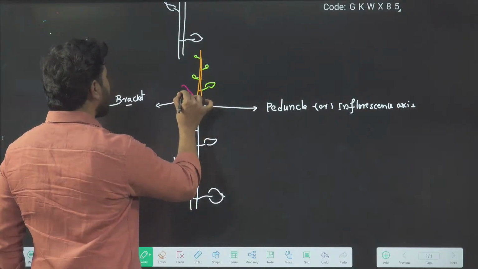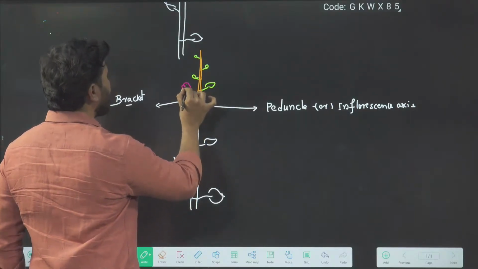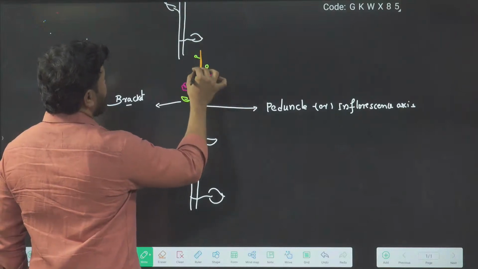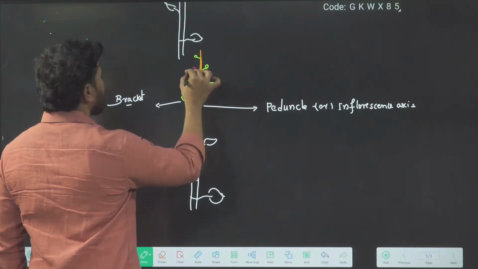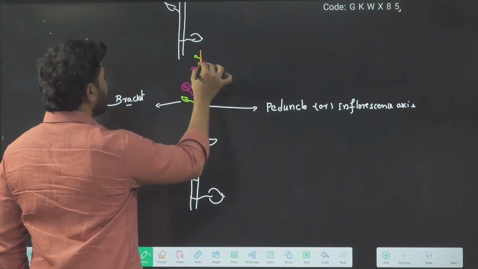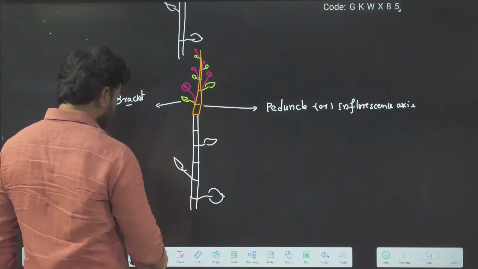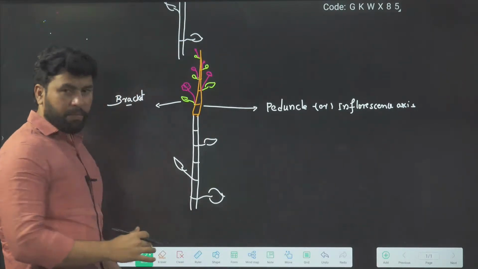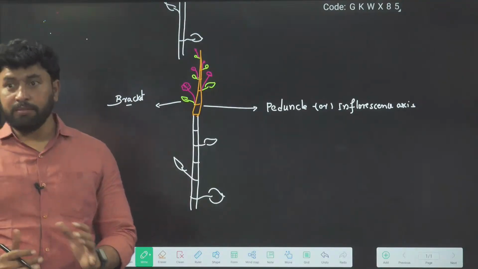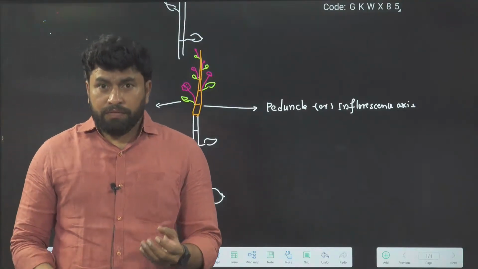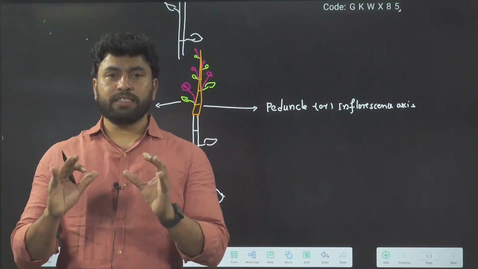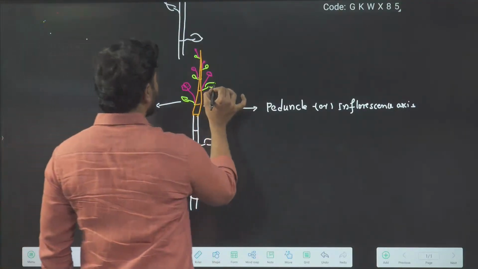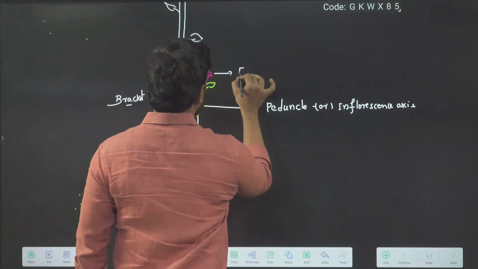This axillary bud is ready to be modified in the form of flower. Consider they are developing in this manner. These are all our flowers. I am not saying they developed in any one particular order. I am saying how flowers developed on a stem. Getting the statement. This is, I am mentioning it as flower.